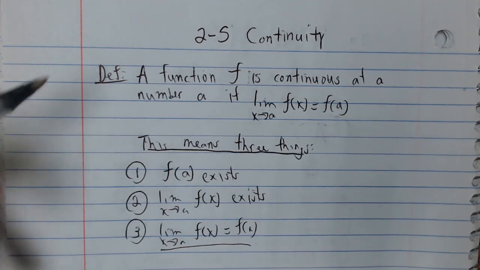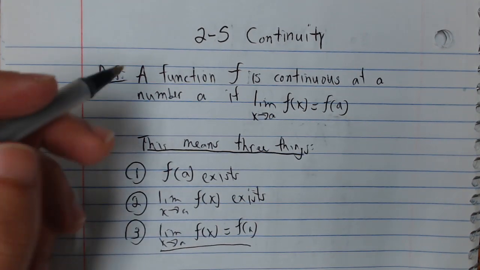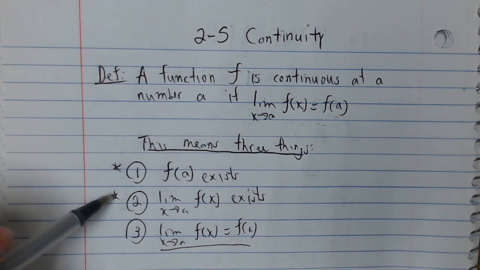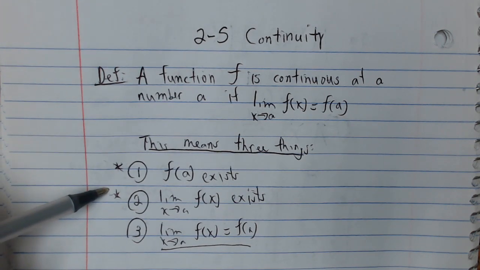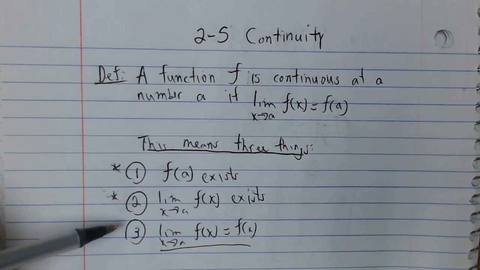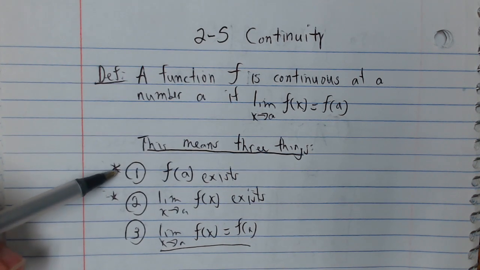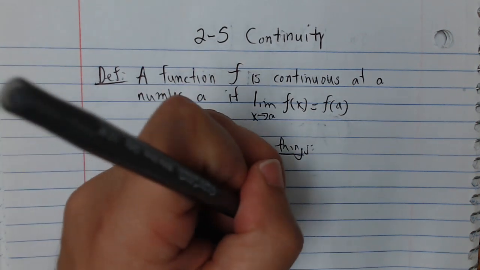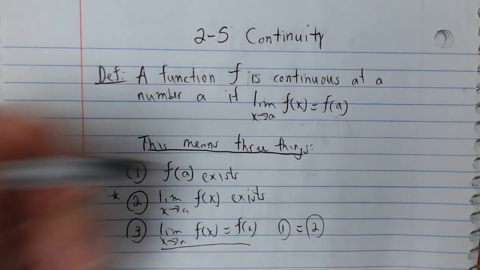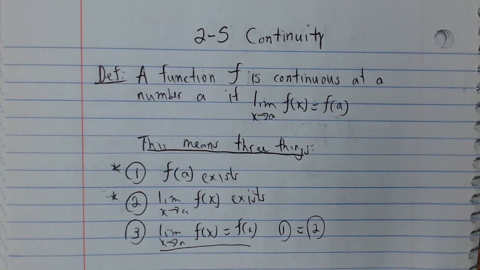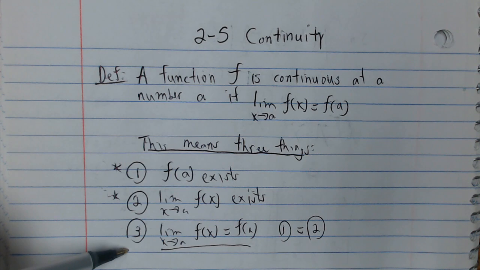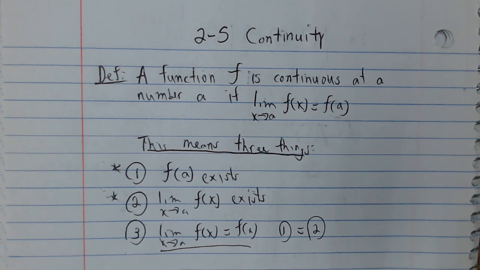Keep in mind that just because steps 1 and 2 exist, it doesn't necessarily guarantee that my function is continuous. Finally, we need to make sure step 1 and 2 are equal to each other. So basically, this is telling us 1 has to equal 2. So if any one of these three fails, then of course our function is not continuous at that value.